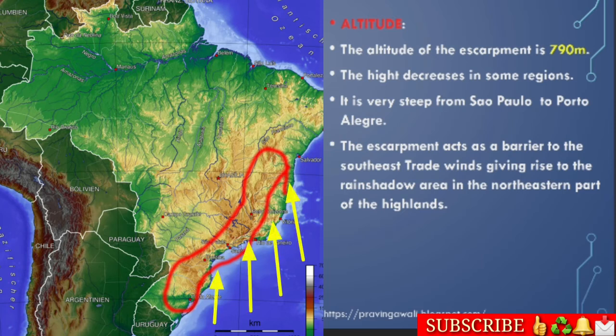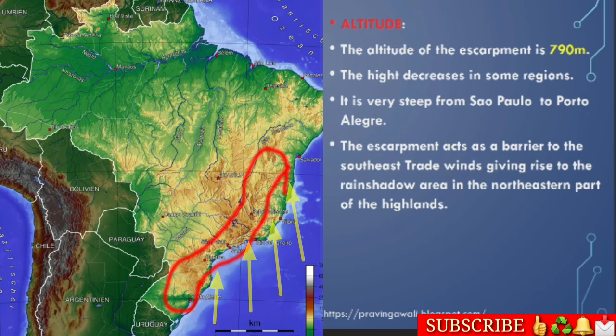In the same way here, the escarpment acts as a barrier to the southeast trade winds. Okay students, the trade winds flow from southeast as well as northeast, but here the southeast trade winds give rise to the rain shadow area in the northeastern part.